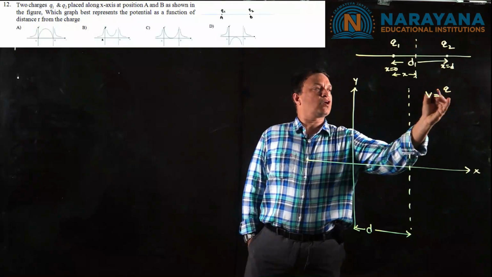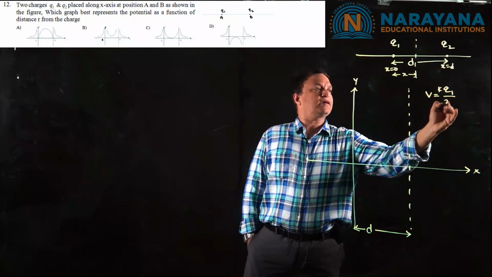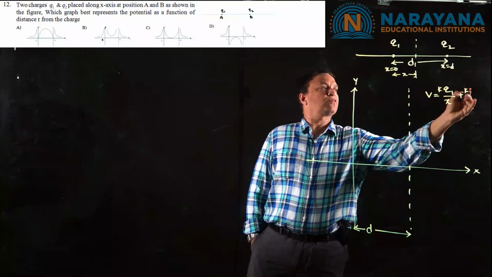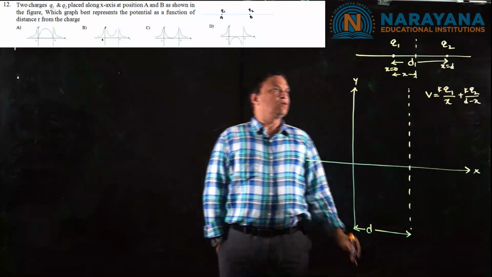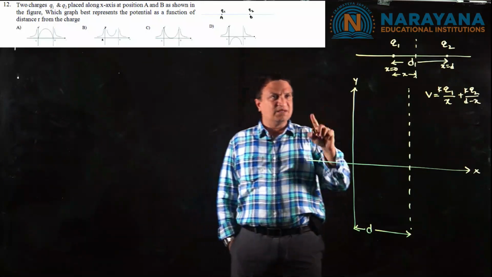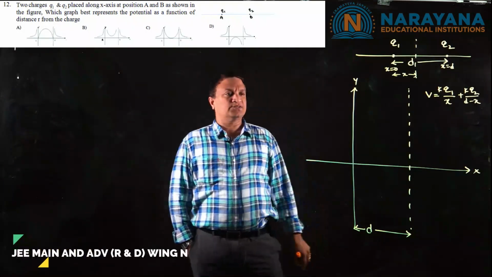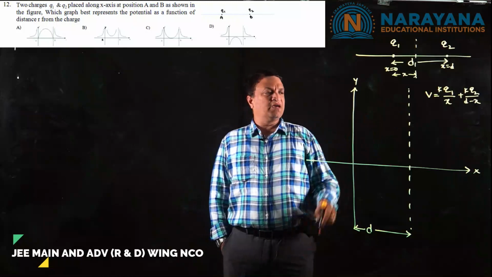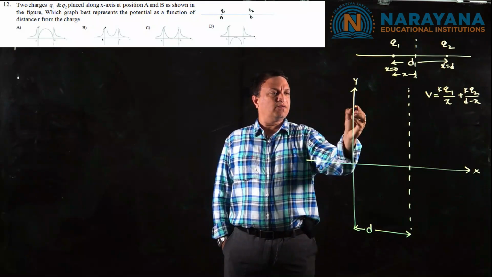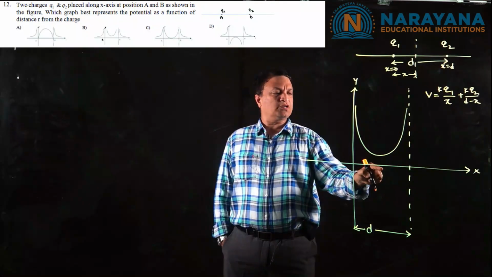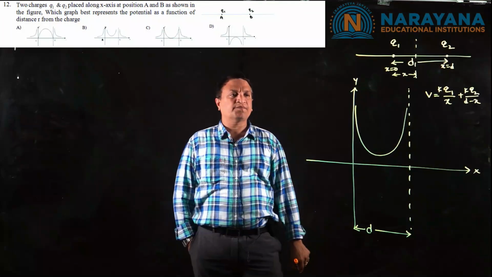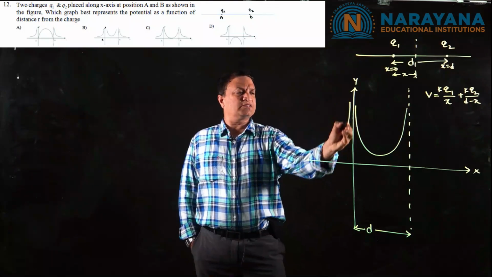So it is k q1 by x plus k q2 by d minus x, provided x is in between those two charges. The behavior of that graph will be like this. Remember, this won't touch the x-axis, whereas outside the behavior is like this.